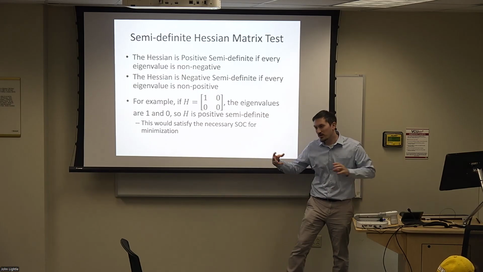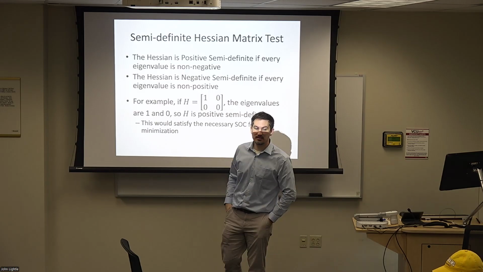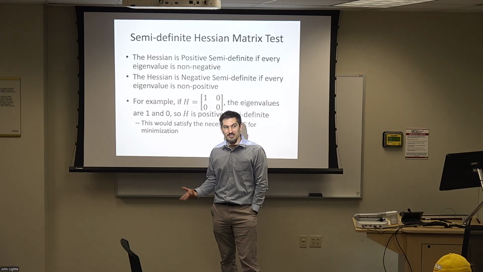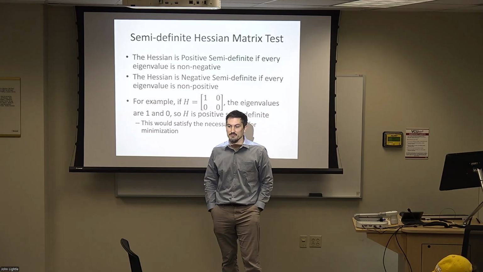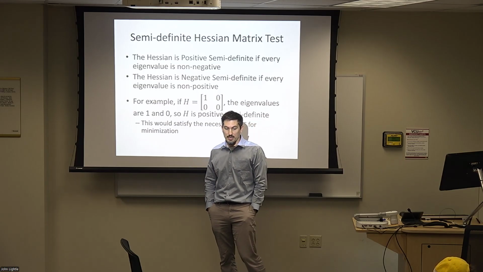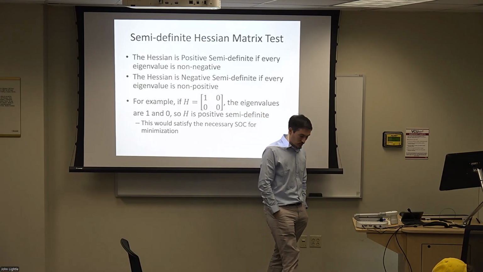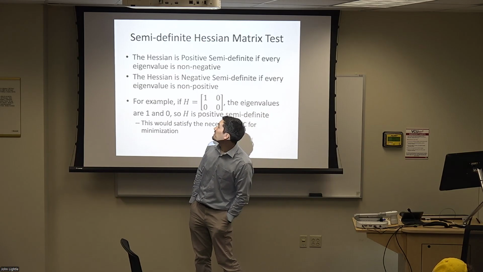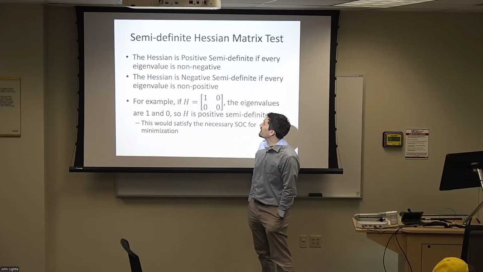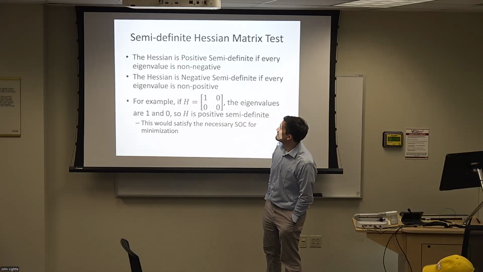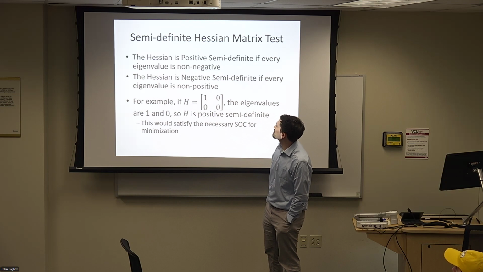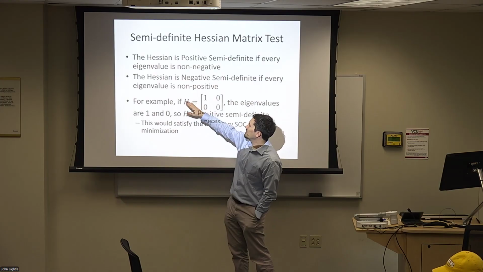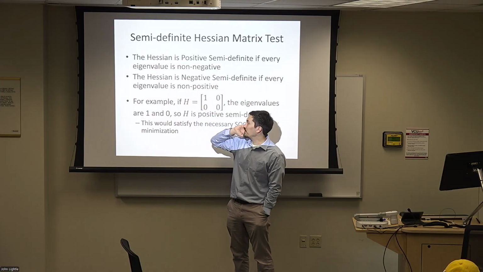Semi-definite is a weaker condition than being definite, which means every definite matrix is also semi-definite. One way to find that out is if every eigenvalue is non-negative, which makes it positive semi-definite. Whereas the opposite, negative semi-definite, means non-positive. It can be 0, but non-positive.